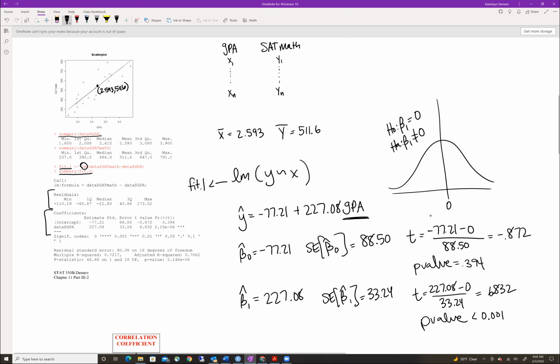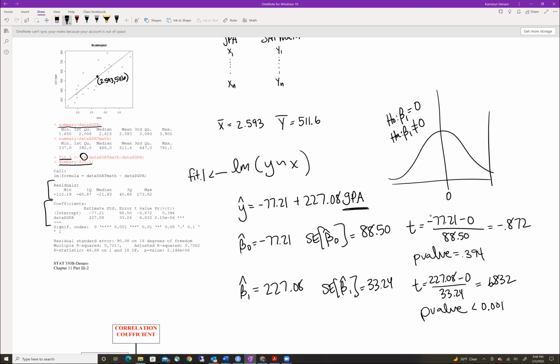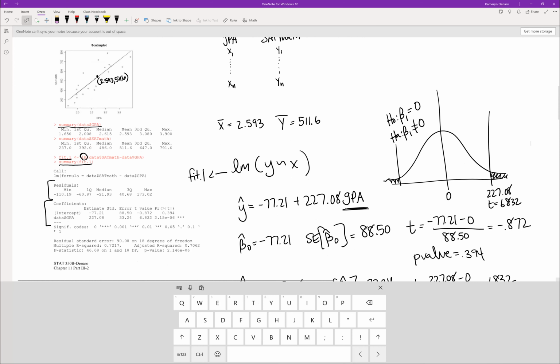Then we observed a really large value for our slope of 227.08. And then we get our associated t-value of 6.832. That's our studentized value. And then we can get the area under the curve. Since it's a two-sided test, we can get that area under the curve as well. And we get a very, very small p-value.